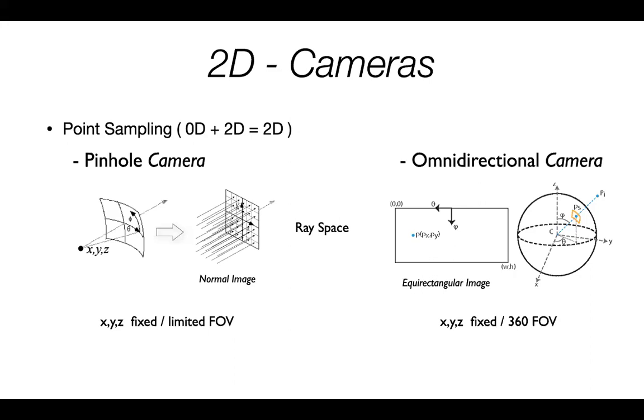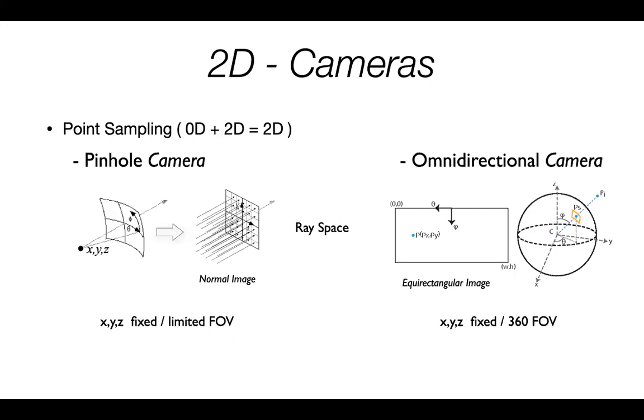So the dimension of a light ray associated with a pinhole camera is 2, because 0D plus 2D, right?